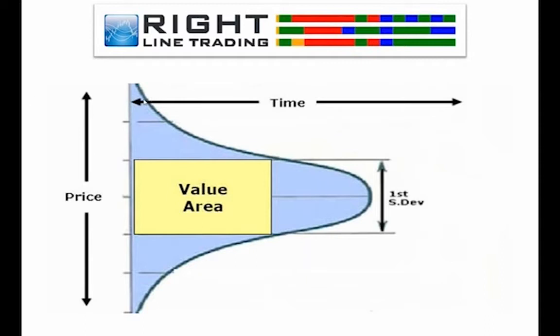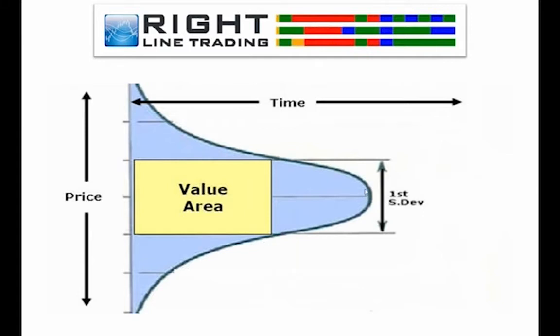If you look at this bell-shaped curve, this is a normalized distribution of any type of data. This could be the distribution of volume and price, as it might be on any given financial market, or the distribution of any type of data in any closed system.